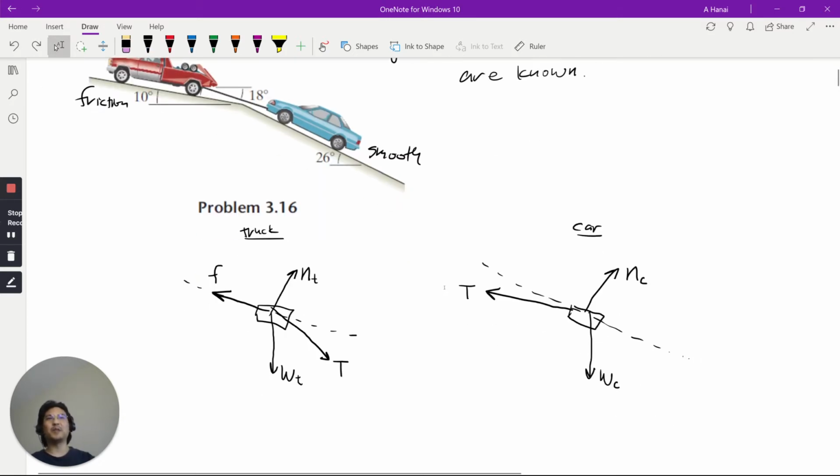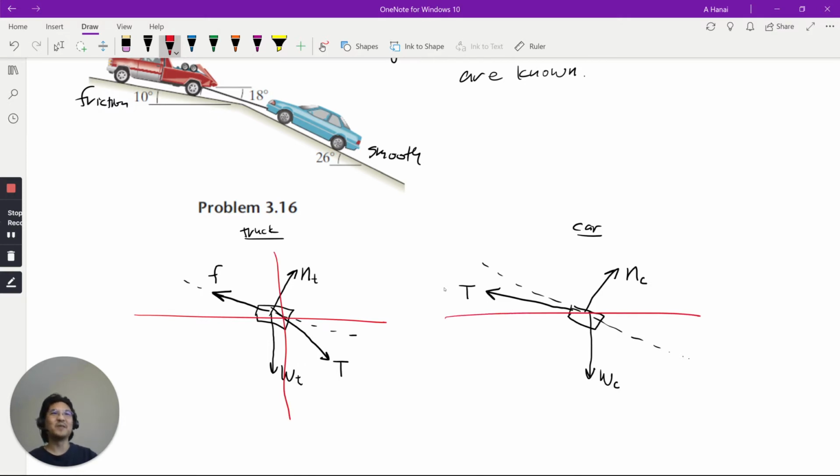Now, how do you want to pick coordinates? There are infinite choices, right? So you can try at home if you pick coordinates like this, and then try and solve for everything. Solve for the normal forces, the friction, the tension. Solve for everything. I'm going to pick my coordinates like, say, like this.